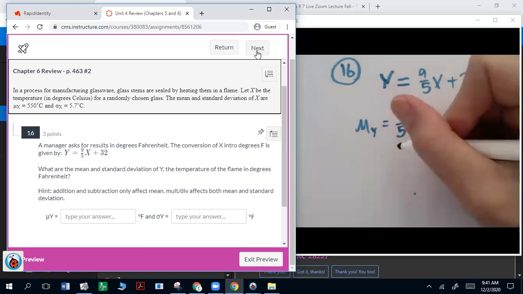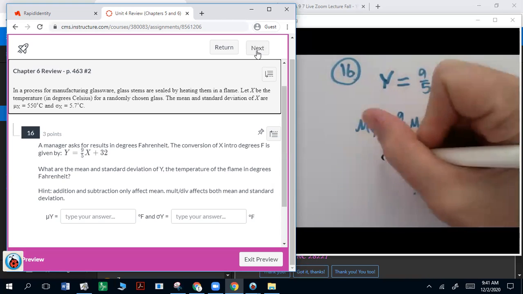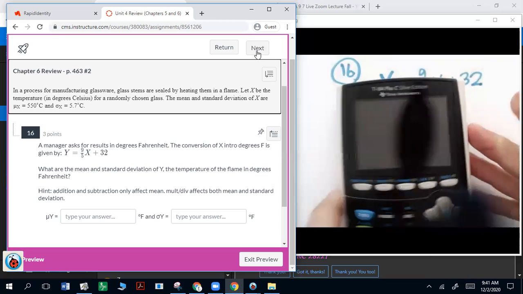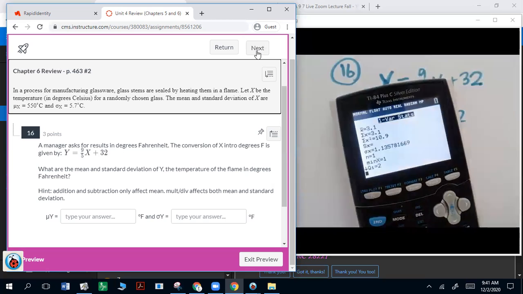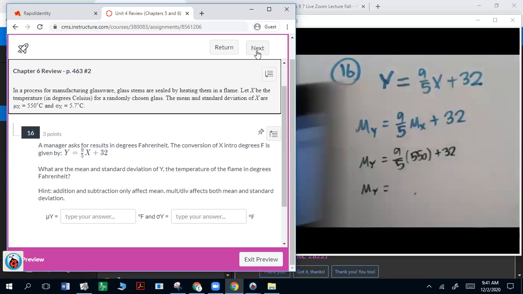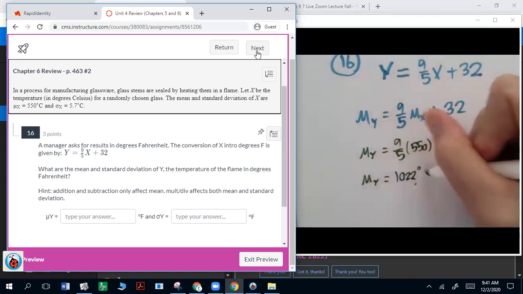So 9/5 times 550 plus 32, that's going to work out to be 1,022 degrees Fahrenheit. So we got that.